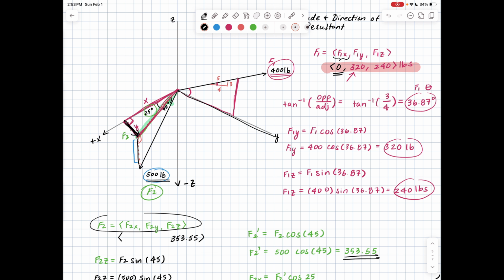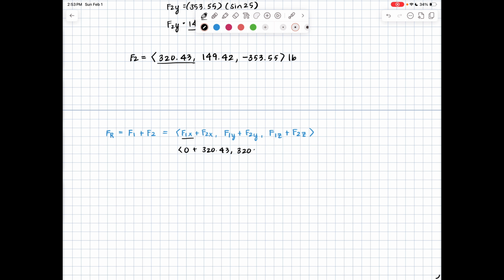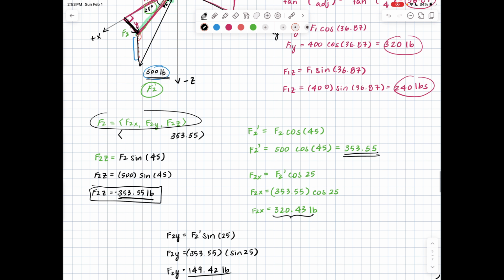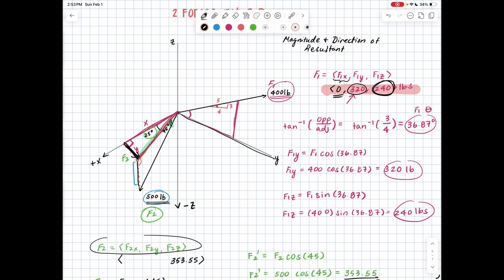Okay, so we know that F1x is 0. So I'm going to come down and plug this in. So 0 plus F2x, which is 320.43, comma, F1y going up, it is 320 pounds. So 320 plus F2y, which is 149.42, and F1z, which is 240 pounds, which I got from up here.